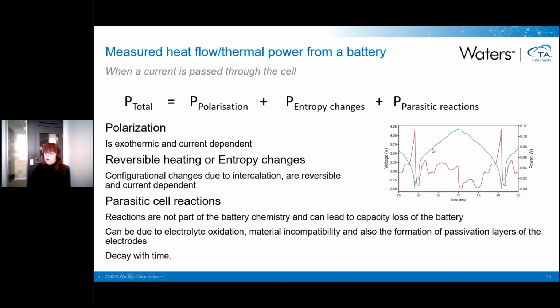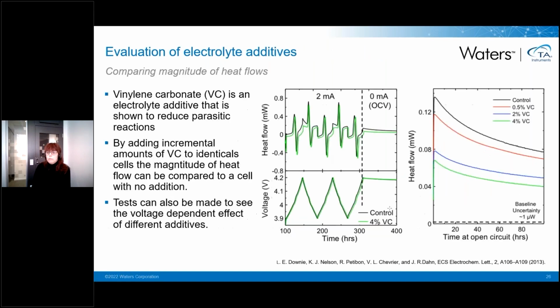We can see in the graph here, we have the blue curve, that's the voltage, the charge-discharge. And we can see the red, which is the battery heat flow that is then composed of all these different reactions. Quite a complicated curve. There are different ways to access, qualitatively or quantitatively, the parasitic reactions.